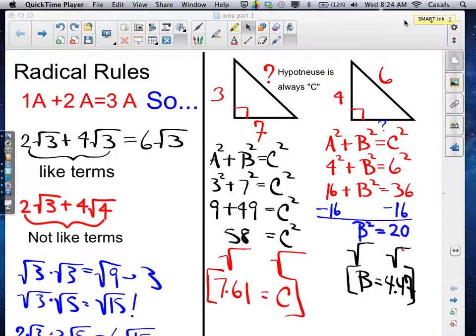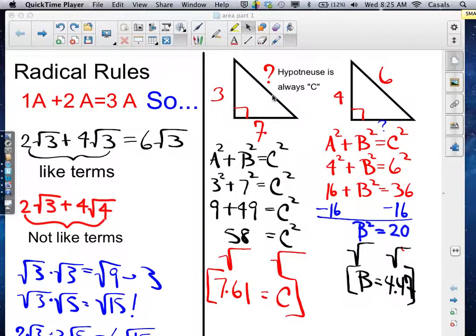So why is it important to know how to do these things? Well, because there's going to be times where you have to use the Pythagorean Theorem. So let's review that a little bit as well. Here I have a right triangle, and I have two legs, and here I'm missing this side here. And if you remember, the hypotenuse is always the c. What does that mean? Well, remember that the Pythagorean theorem is a squared plus b squared is equal to c squared, right?